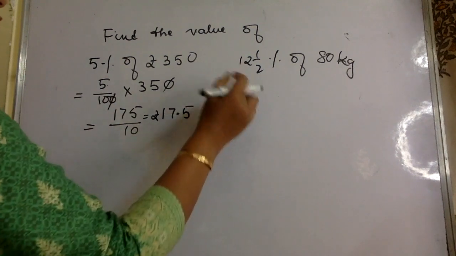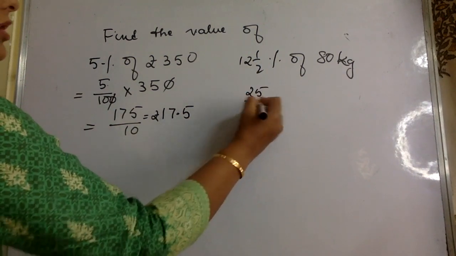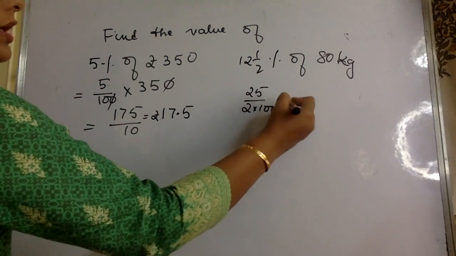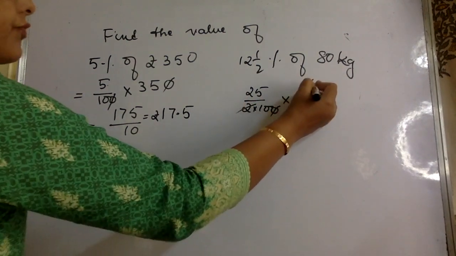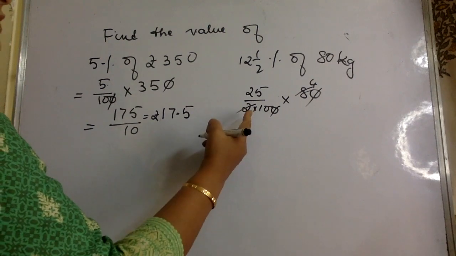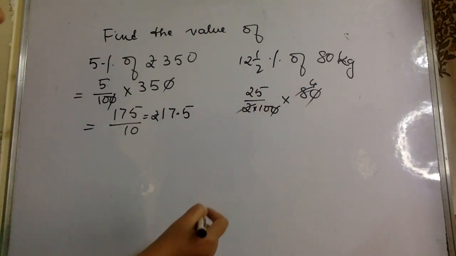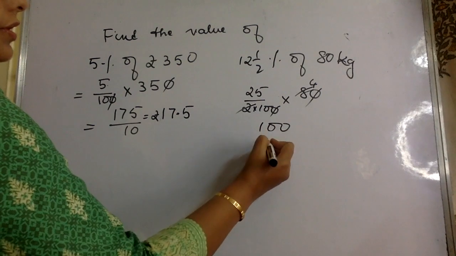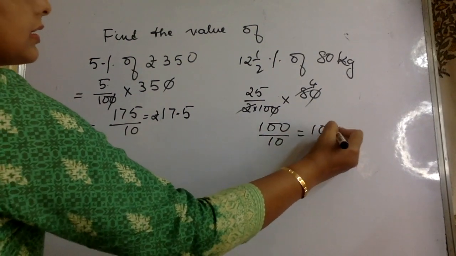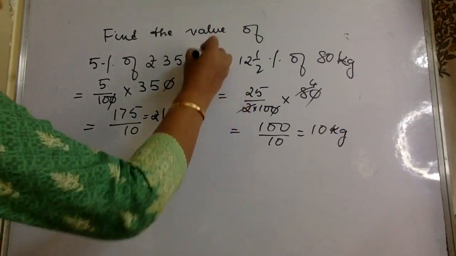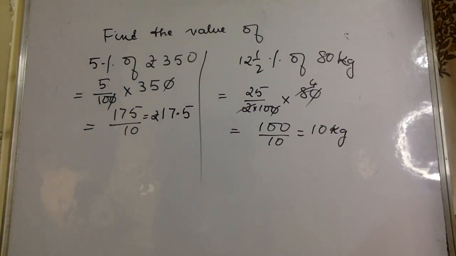So here 25 by 2 into 100, into 80. Here 2 goes 4 times. So I have 100 divided by 10, that is 10 kg. So this is my answer.